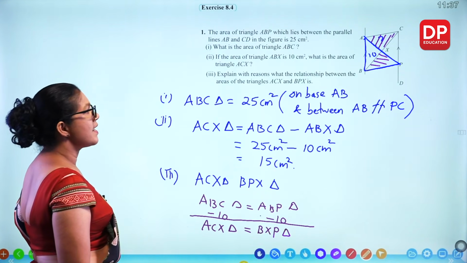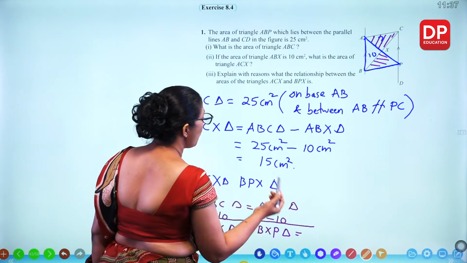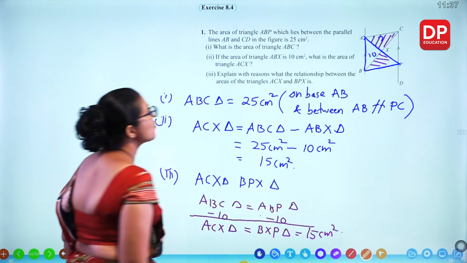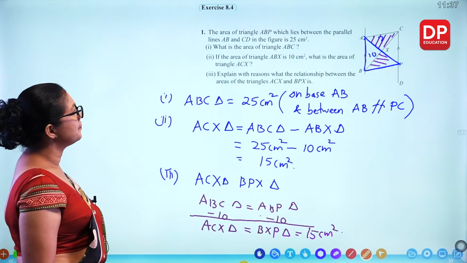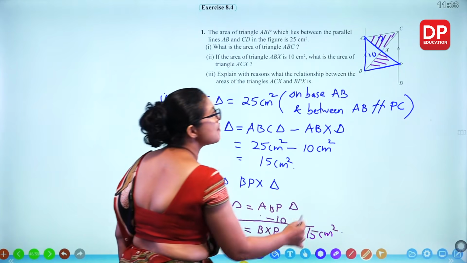So both areas are equal to, if we want the value, 15 square centimeters, because from the subtraction.